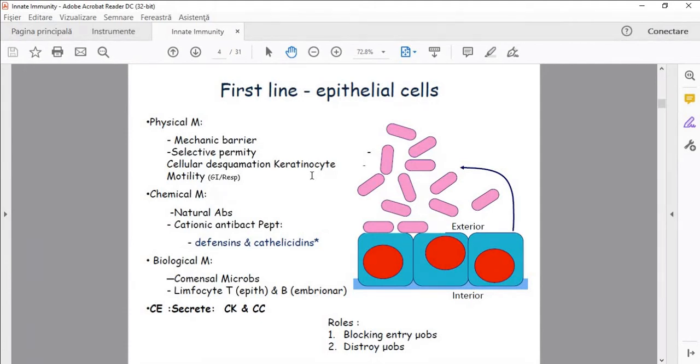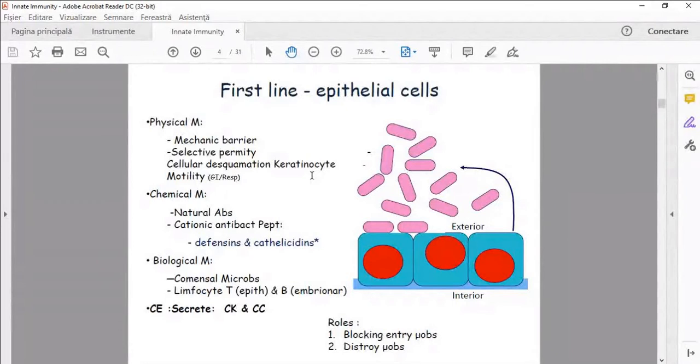We'll see that the common T lymphocytes have two alpha and beta chains in their receptors.